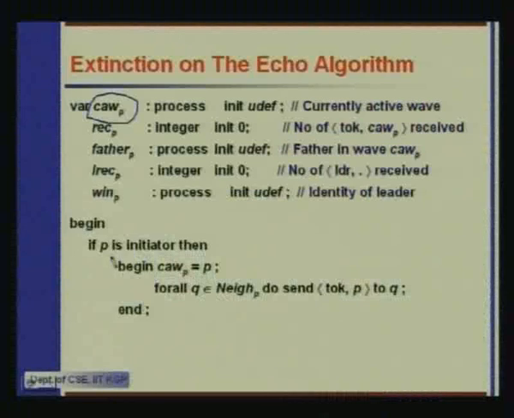So, fair enough. If P is the initiator, then CAW P is equal to P, because it is starting the algorithm here. Then for all Q belonging to neighbors of P, it sends token P to Q. Now, note that along with the token, it sends its ID. Okay.